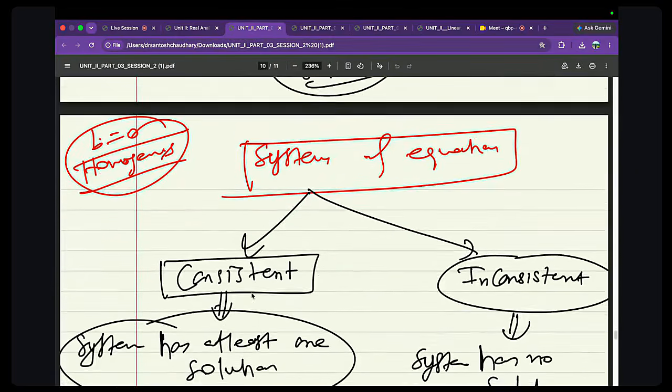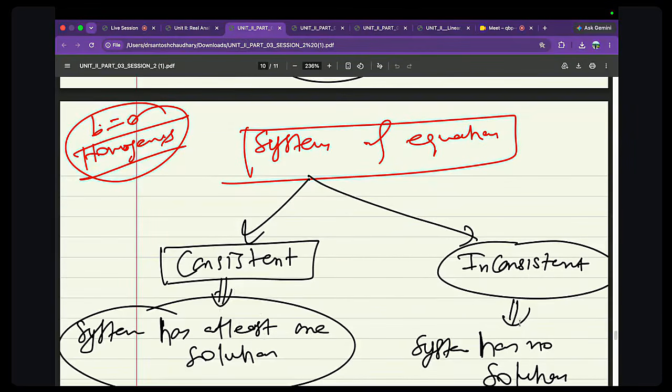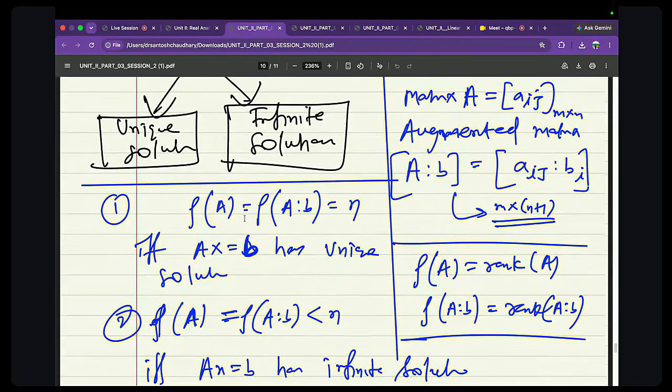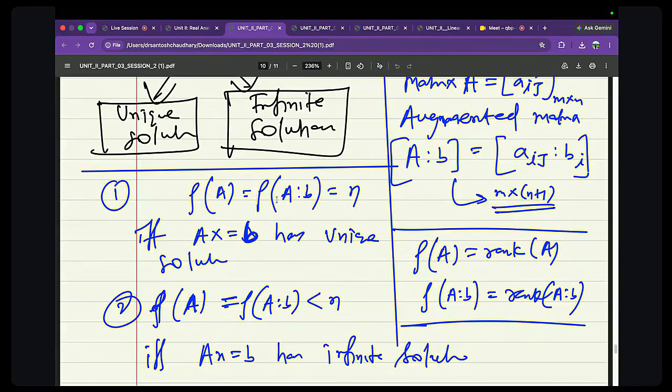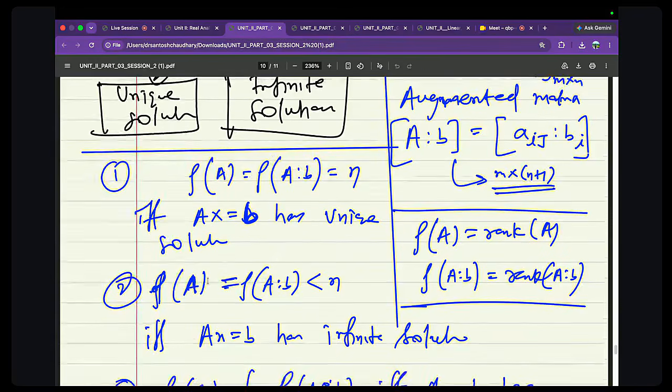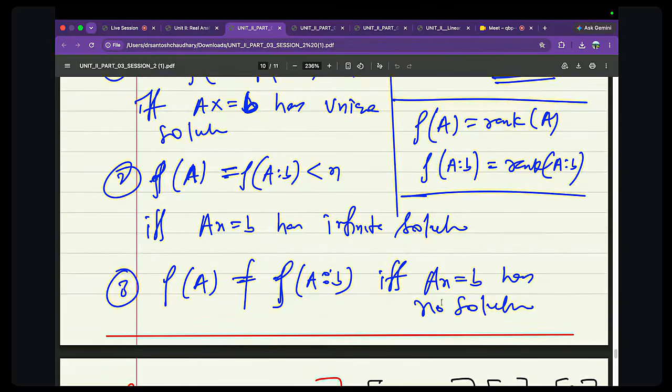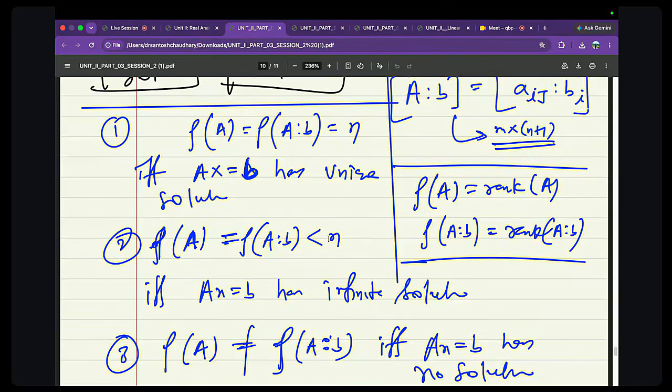So consistent means at least one solution, inconsistent means no solution. Then that theorem I was telling: if rank of A and rank of A augmented B both are equal to n, then the system has a unique solution. If rank of A and A augmented B are equal and less than n, then the system has infinite solutions. If the ranks are different, then the system has no solution. So this is also an important point.